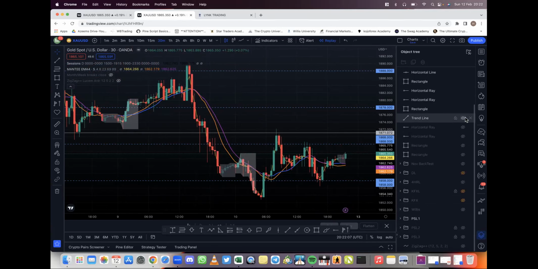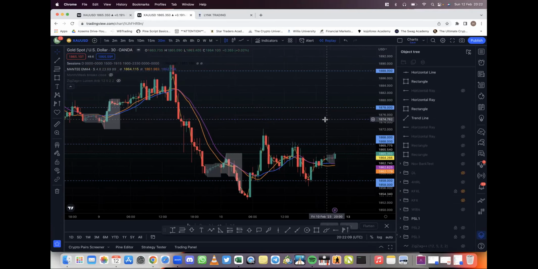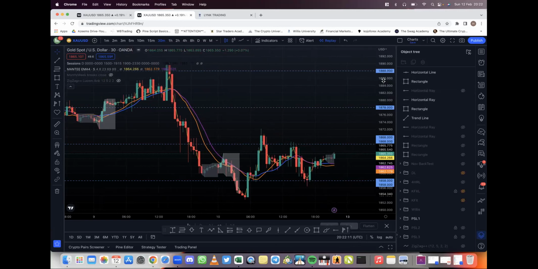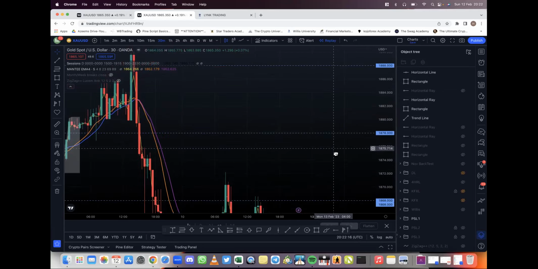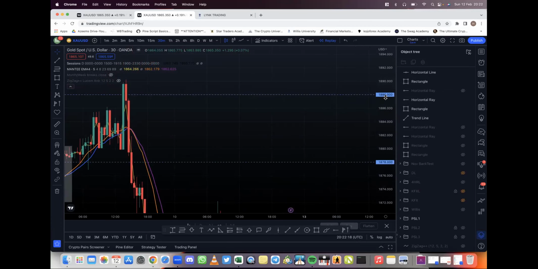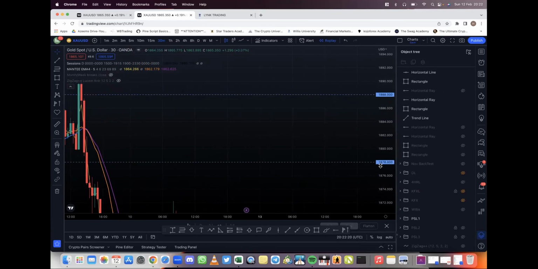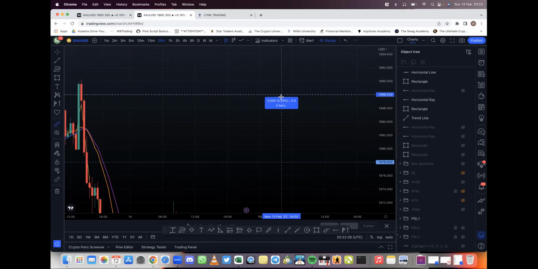You could clearly see that I have one here. The price point here is 1888, and then this is 1878. If you mark the difference, it's about 100 pips difference.